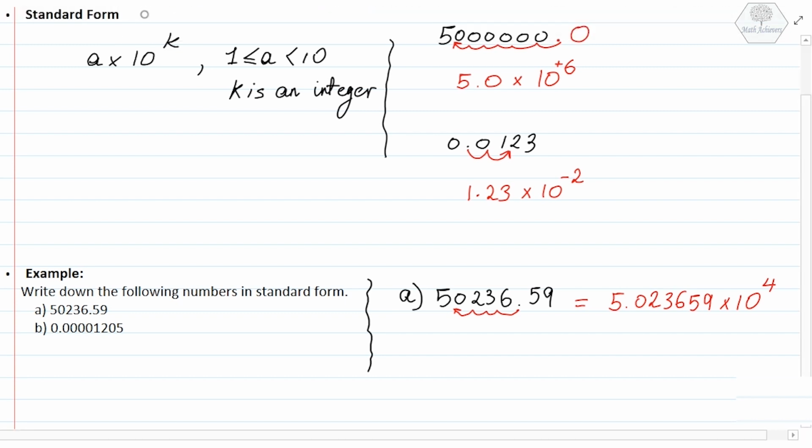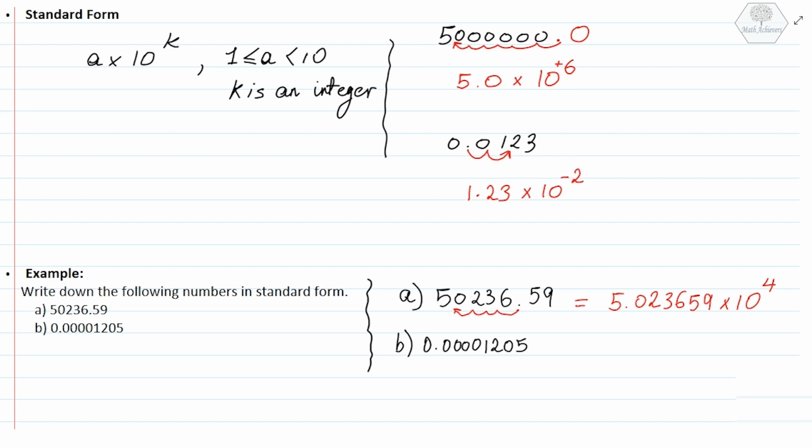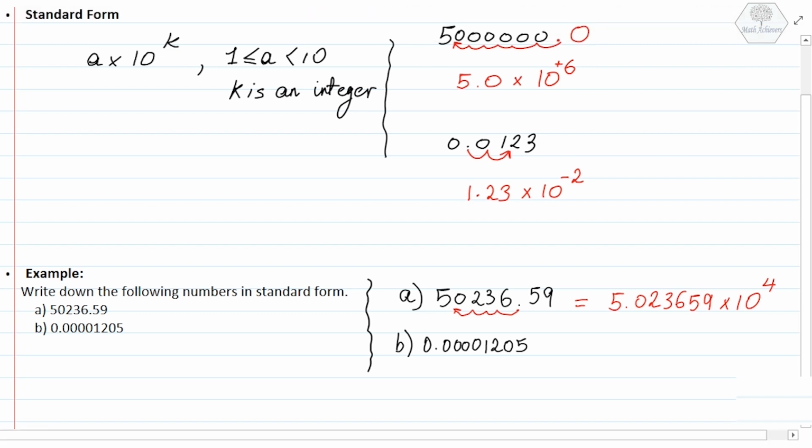Now let's see the second number, part B. I have 0.401205. Now I will be moving the decimal point 1, 2, 3, 4, and 5 digits to the right.